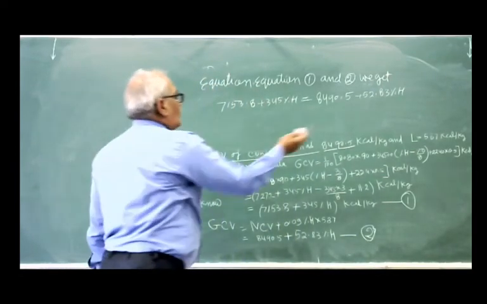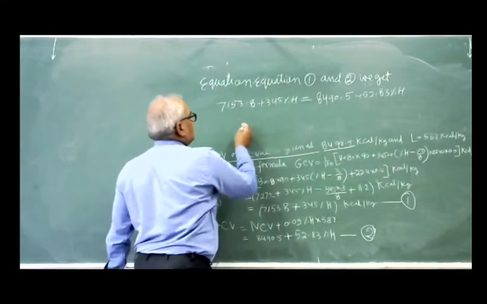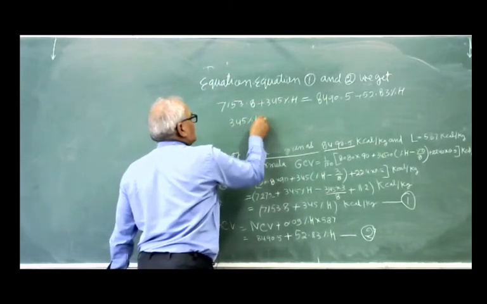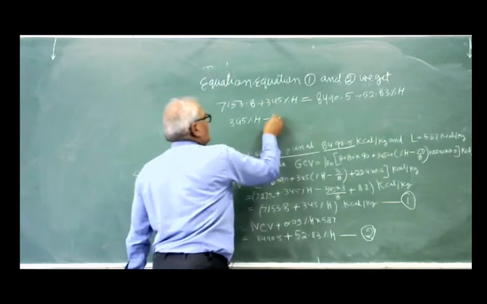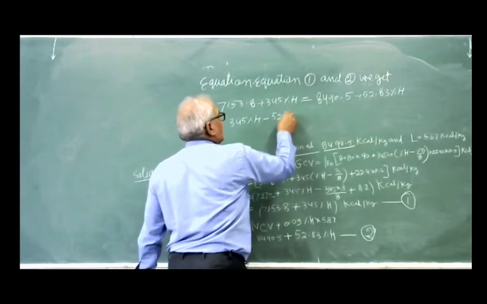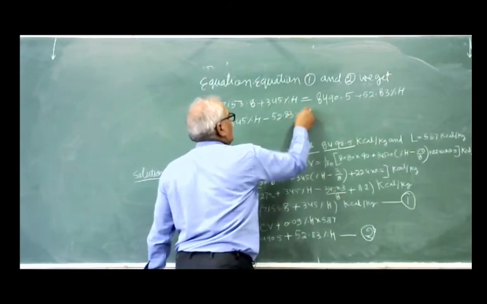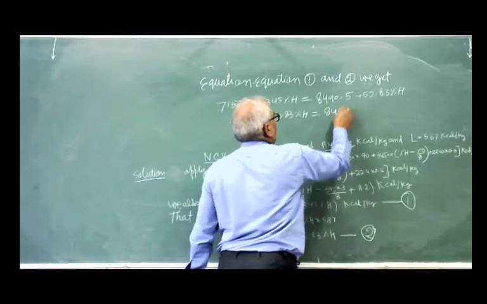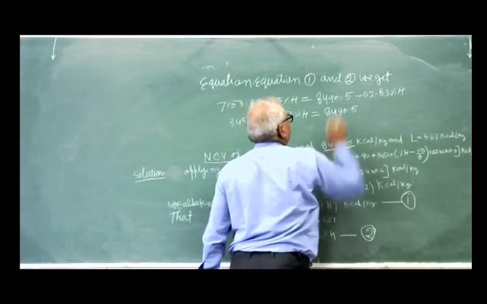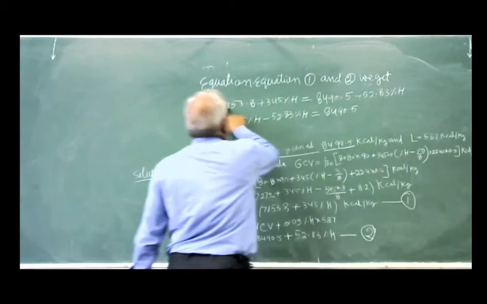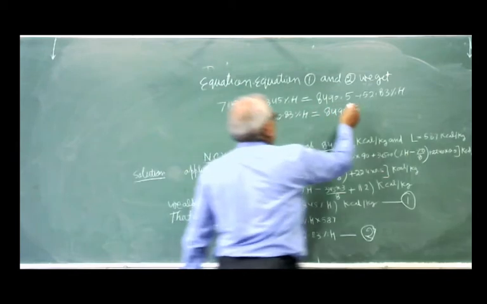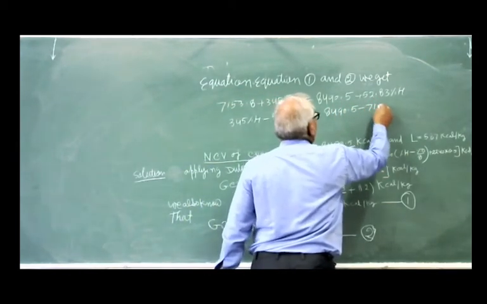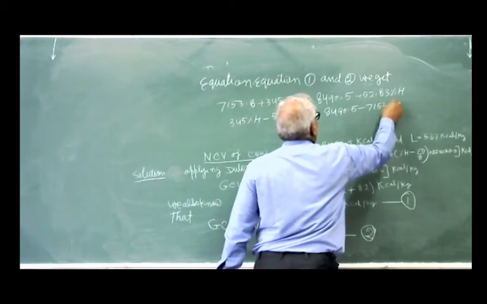You can write 345 percentage of hydrogen minus 52.83 percentage of hydrogen equal to 8490.5, this value is transferred, minus 7153.8.